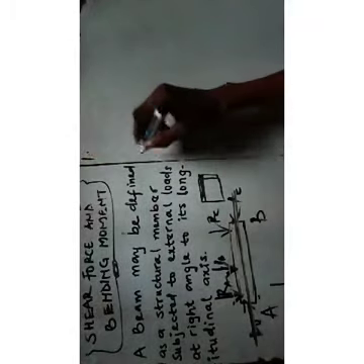Okay, so we have types of beam. Beams are classified depending on the kind of support they have. For example, number one, we have the first type of beam: simply supported beam, overhanging beam, cantilever beam, fixed beam, continuous beam, propped cantilever beam.